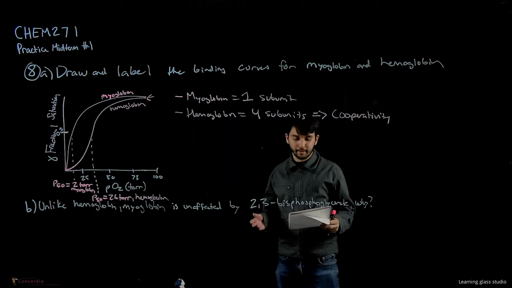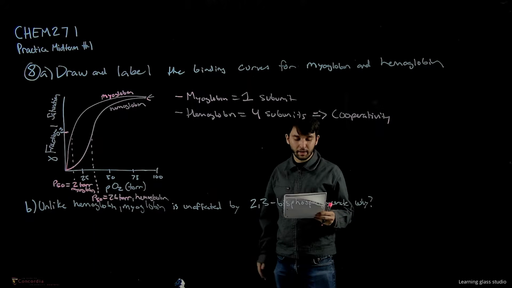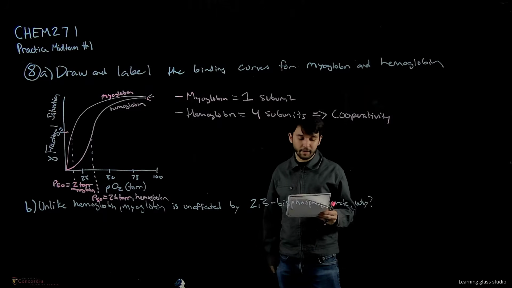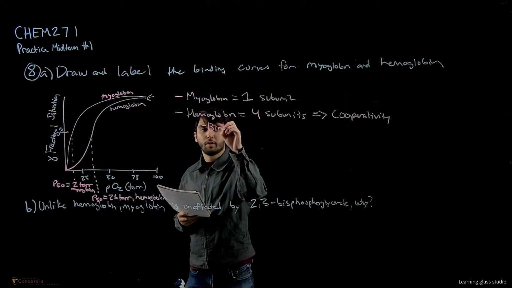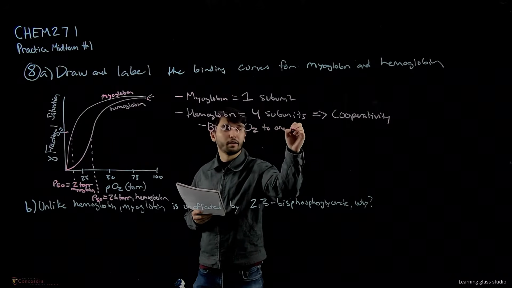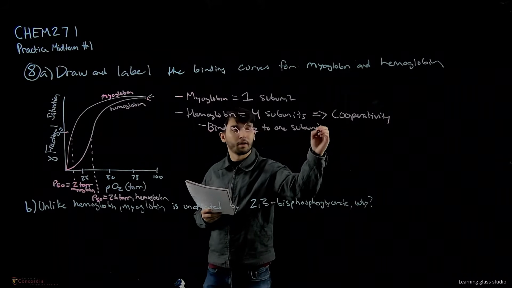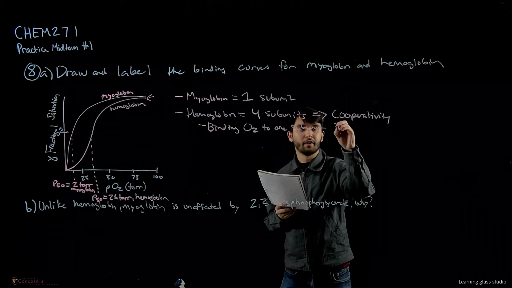So what this means is that binding of oxygen to 1 subunit of hemoglobin increases the binding ability of oxygen at other subunits. So binding O2 to 1 subunit increases binding at other subunits.